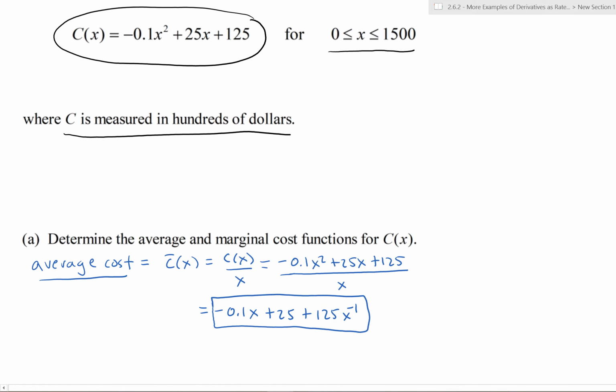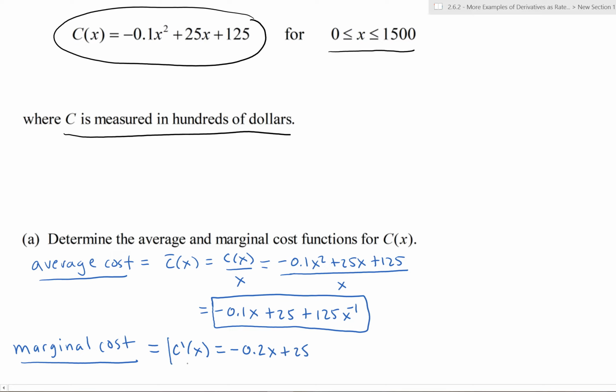How about my marginal cost? So let's go ahead and pick that up. The marginal cost function here is going to be equal to, well, remember, that's just C prime of x. So if I differentiate my cost function above, power rule, power rule, power rule, I get negative 0.2x plus 25.